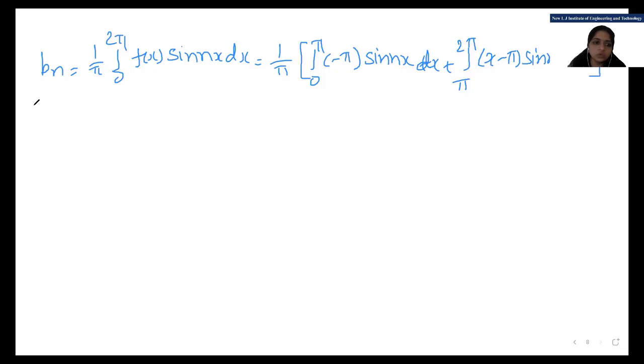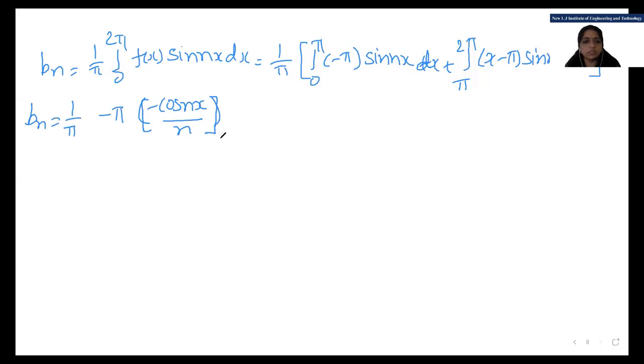So for bn, 1 by pi, as minus pi is constant, the integration of sin nx is minus cos nx upon n, right? And the limits are 0 to pi.